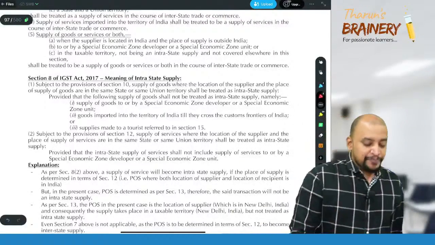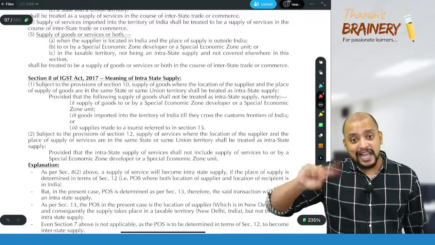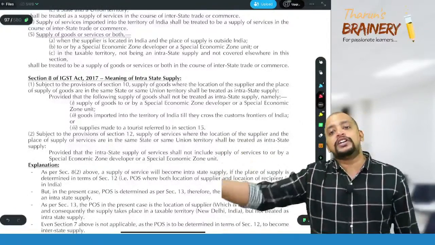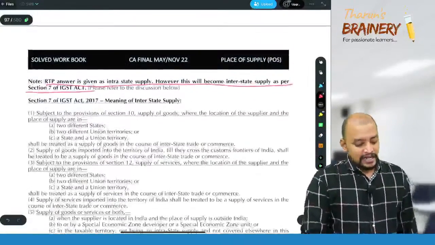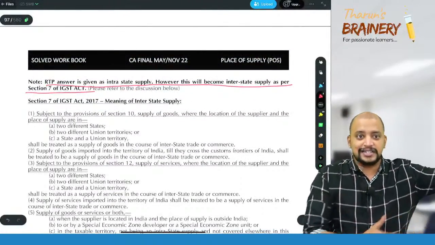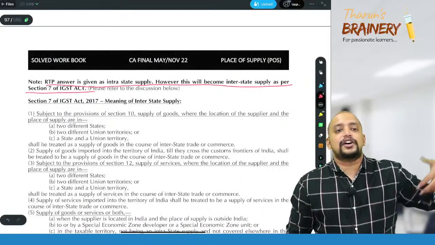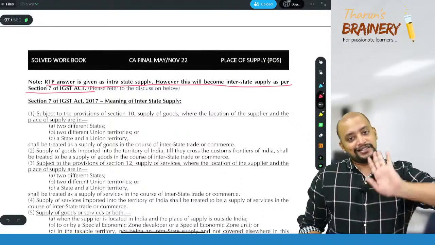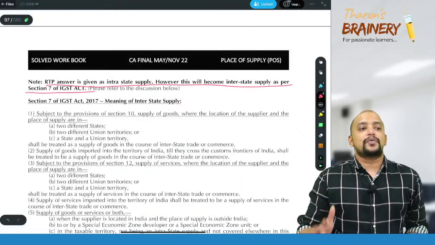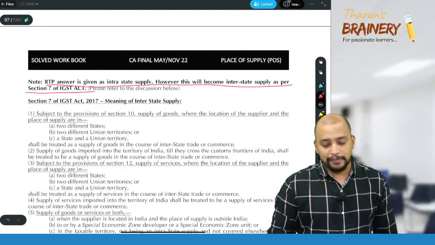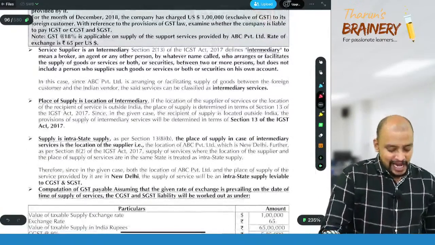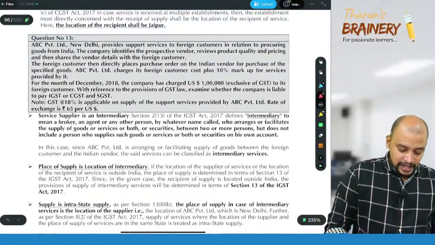Okay. But ICAI has modified the answer at a later point of time. They changed that, and in the recent questions and latest suggested answers, if you see, they are now taking the view that once place of supply is determined under section 13, it is a deemed interstate supply. Okay. So that is why I have given this information.